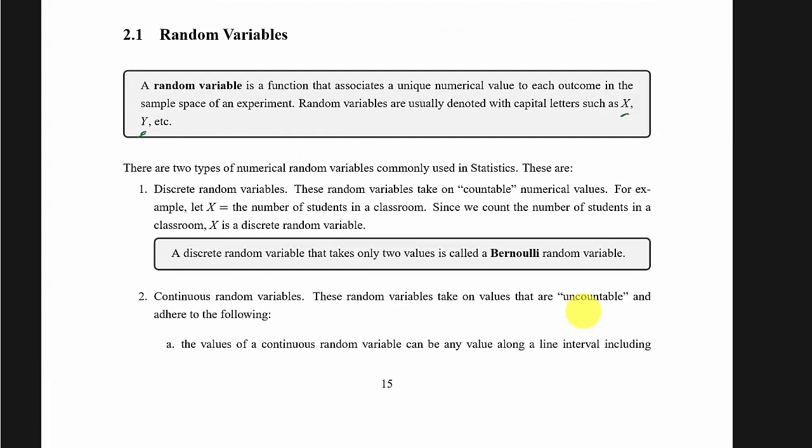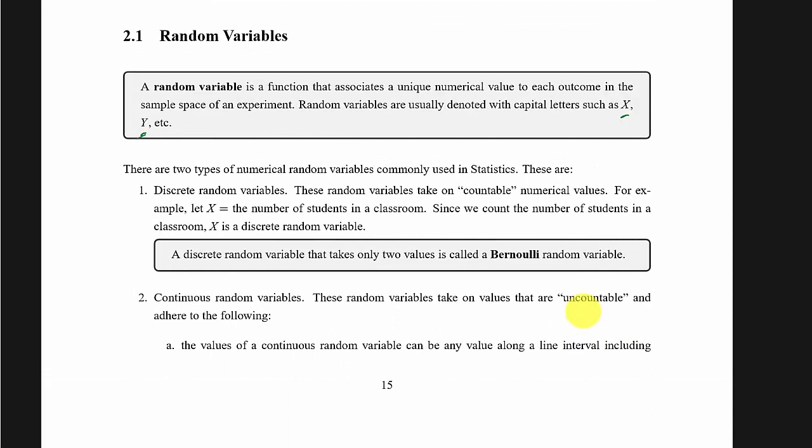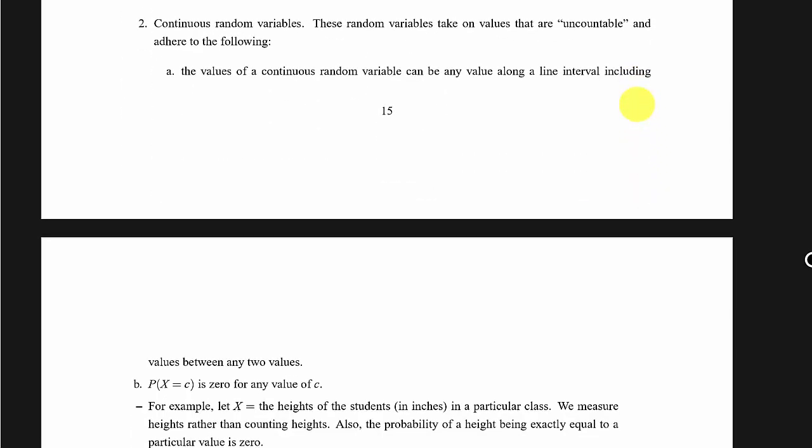And then we have continuous random variables. These random variables take on values that are uncountable and adhere to the following. The values of a continuous random variable can be any value along a line interval, including values between any two values. Okay, so you're getting into stuff like how much somebody weighs or their height.